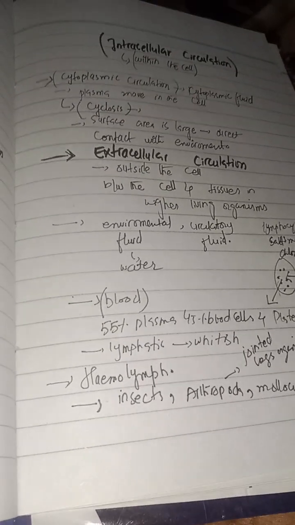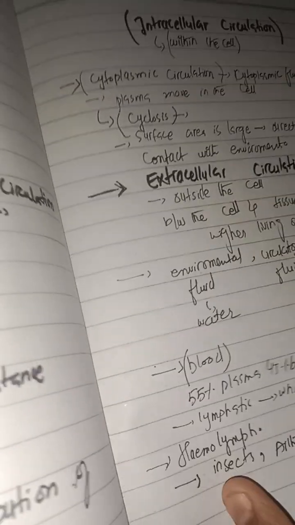Now I am going to tell you the composition of hemolymph. Hemolymph has a high copper quantity. Copper is an element, Cu, and no RBCs are present, only white blood cells.